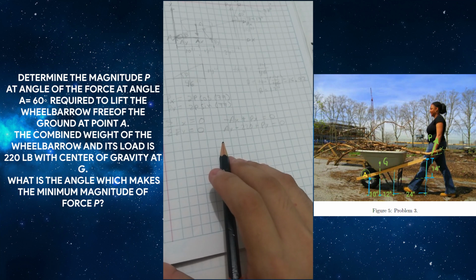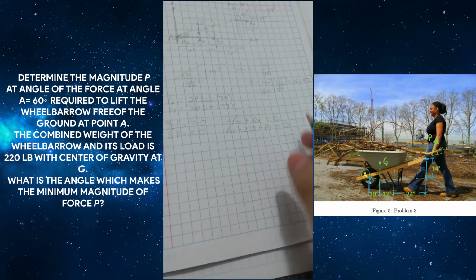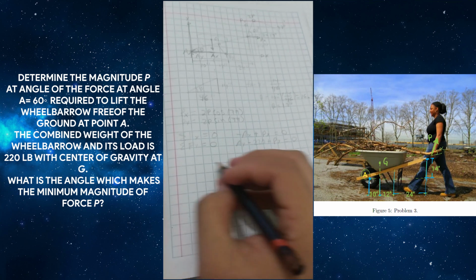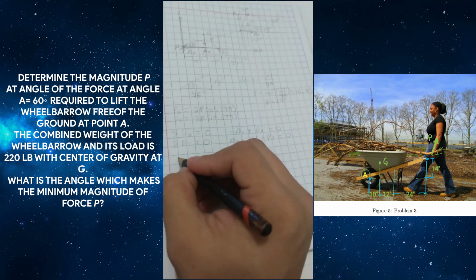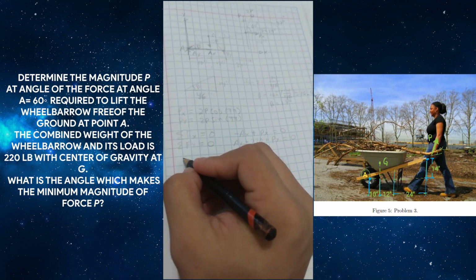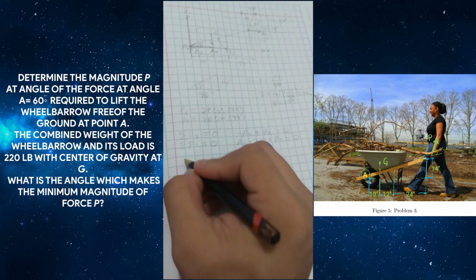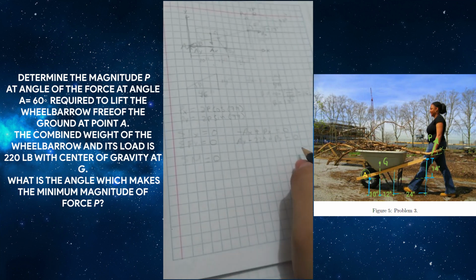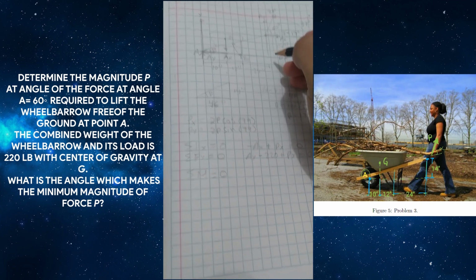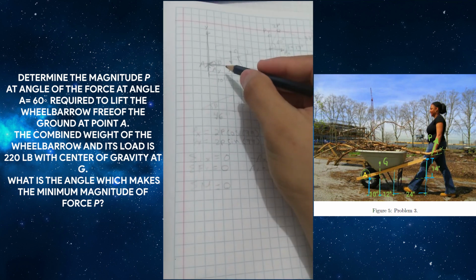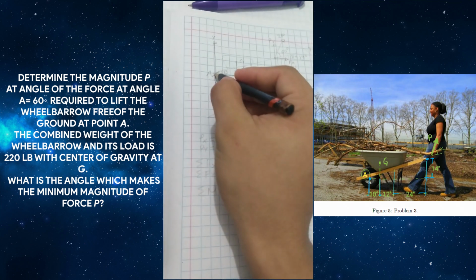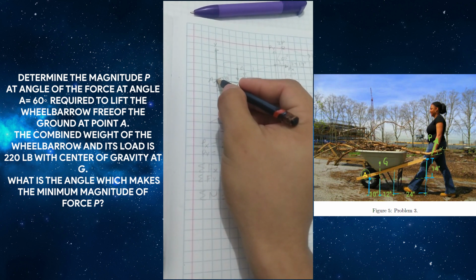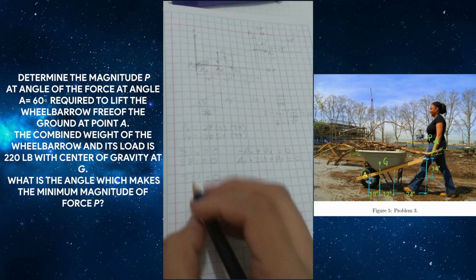So to find one equation, we need to put the last condition that says that the sum of the moments must be 0. So in this diagram, I'm going to use the moment at point A, because here we have 2 reactions.